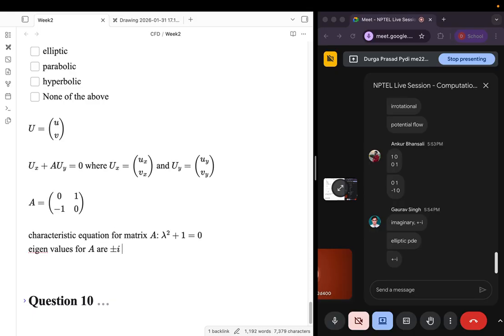So this equation is elliptic. And if you recall, potential flow is also kind of elliptic. So any changes anywhere kind of have an instantaneous effect everywhere. It doesn't have any time associated with it. It's a steady state equation.